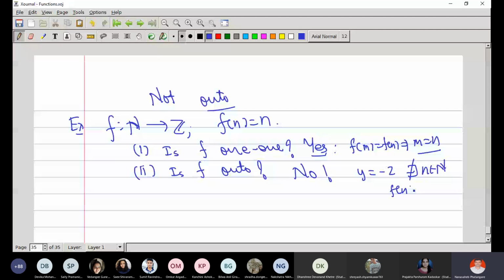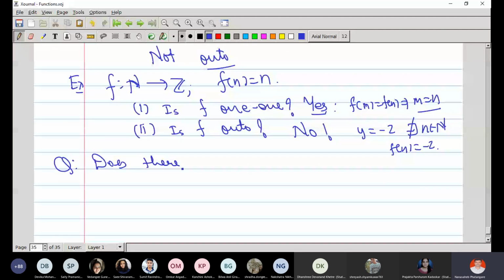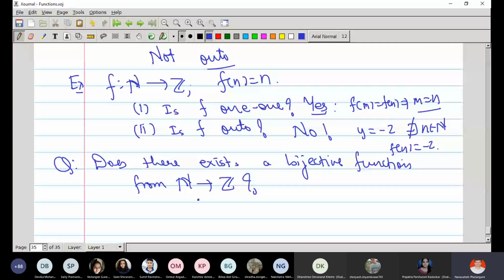But the question I would like to ask is, does there exist a bijective function from N to Z or Z to N, whatever?